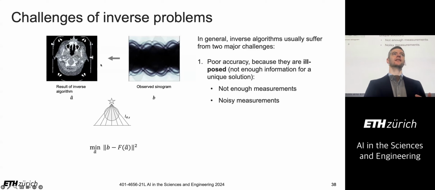Another way of saying that is this is like a one-to-many map. There's many possible solutions that could produce this observational data. What makes this also hard is we often have noise in real-world settings, so there'll be noise from the detector, and this just increases the ill-posedness of the inverse problem.